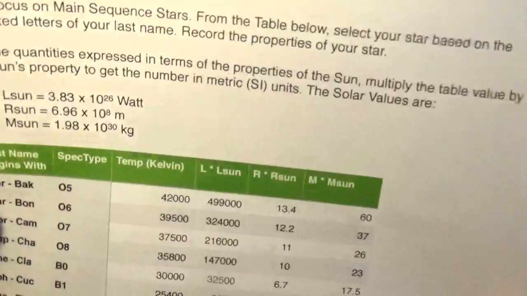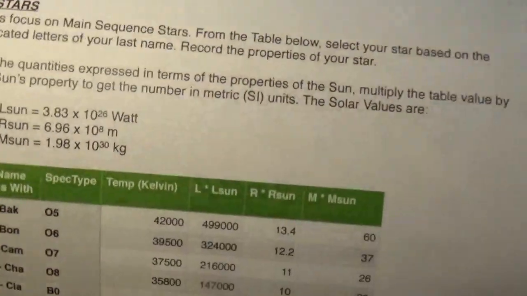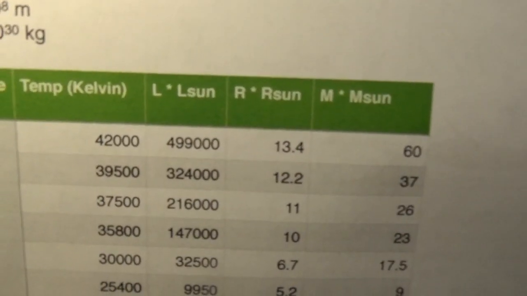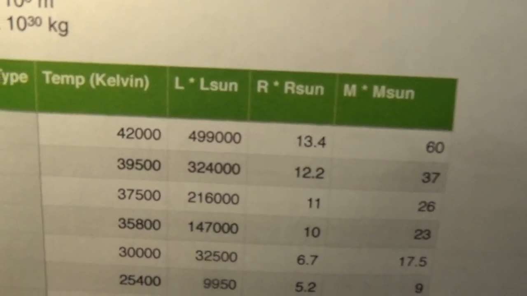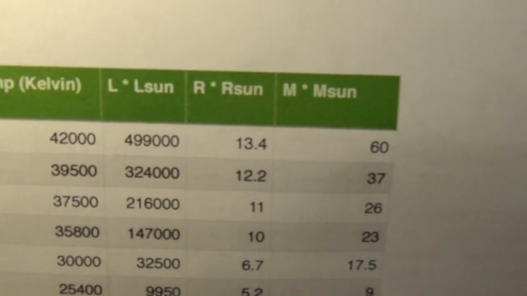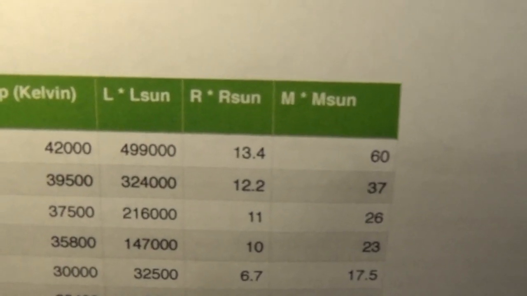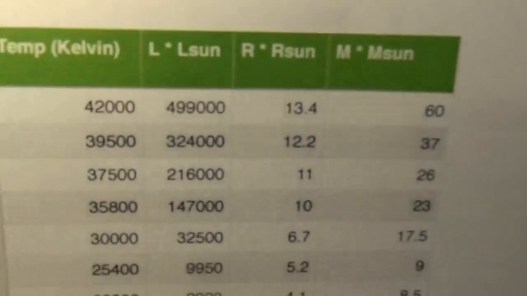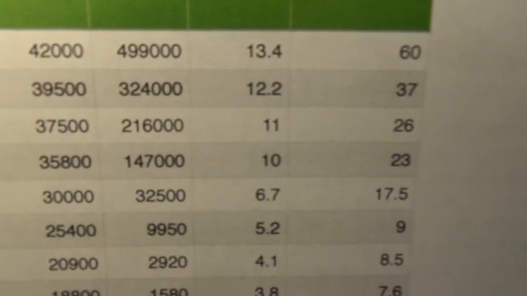As we noted in the instructions, the columns are given in units of the sun's value. Okay, so it's L times L sun, R times R sun, M times M sun to get the correct value. So those values for the sun are given right there, and to get the value for your star, you take the value that's there in a column.